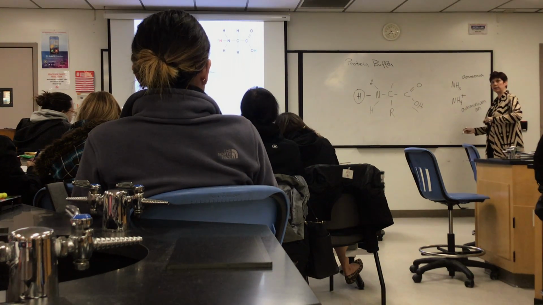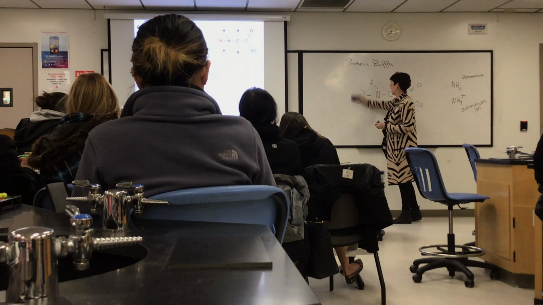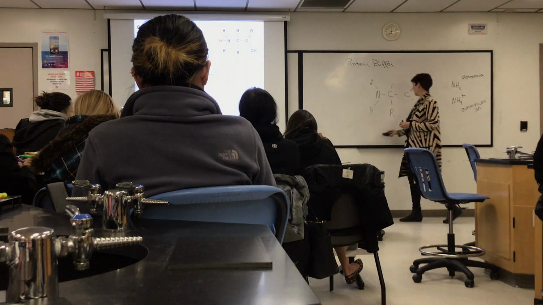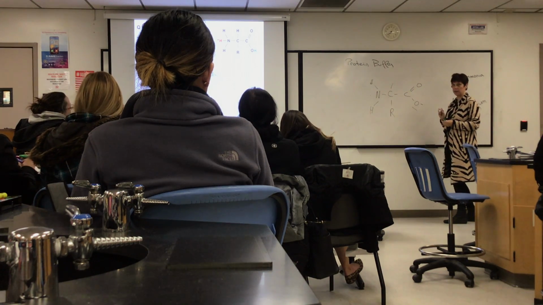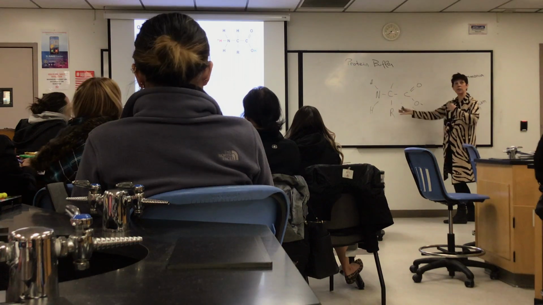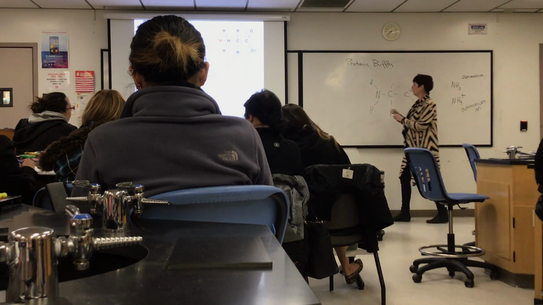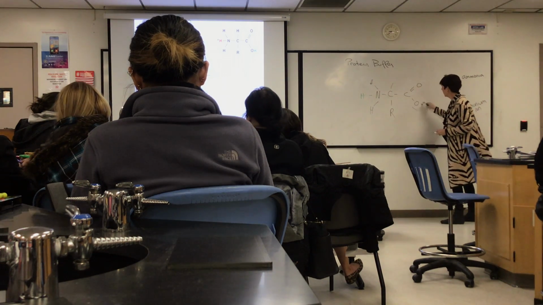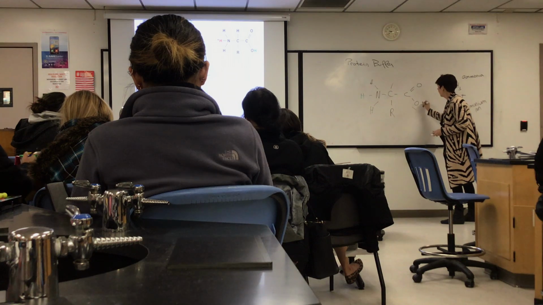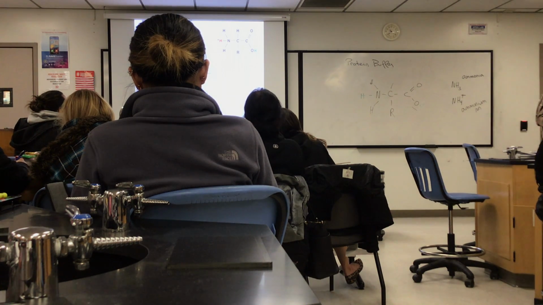If this buffer is donating a hydrogen, we certainly don't add the extra one, and we get rid of this one, and this becomes a negative charge, okay? So those are the two forms that this goes back and forth between. So if we're accepting a hydrogen, we have this hydrogen attached, and we have that hydrogen attached. Okay, so that's the view that you see in the question.